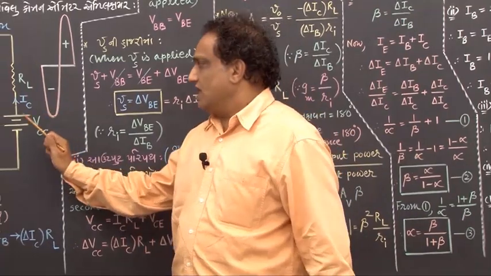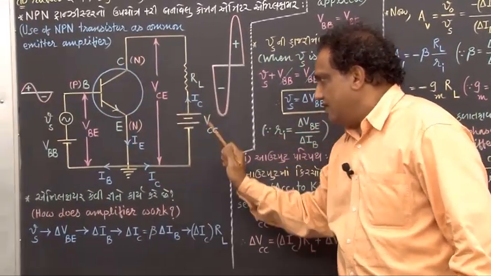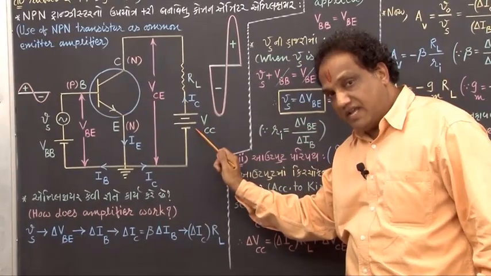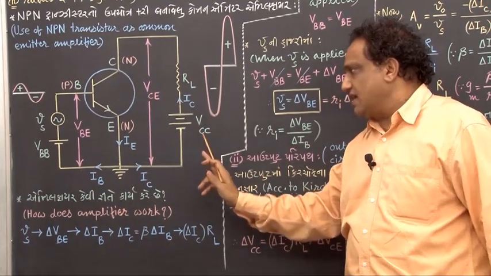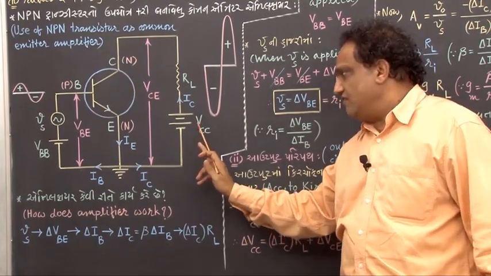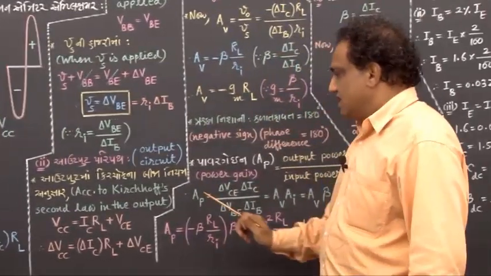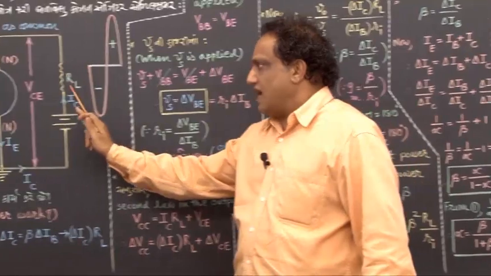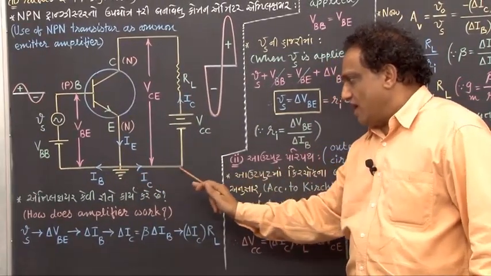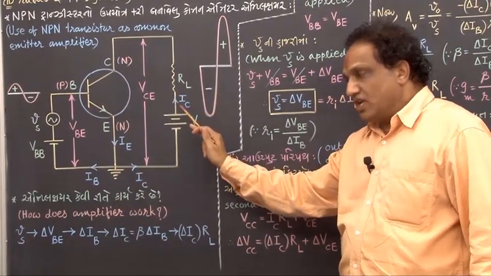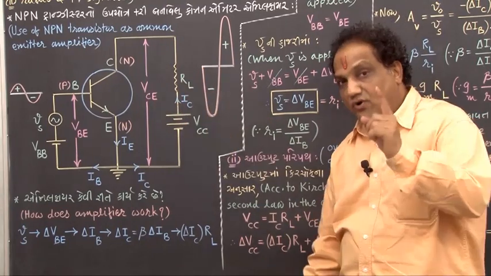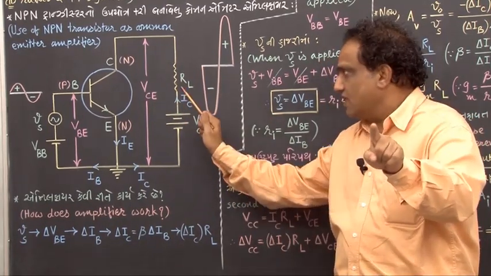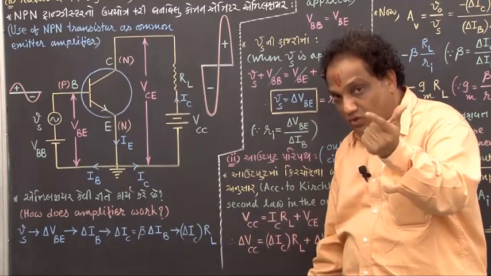Total voltage applied in this loop is supplied through this battery, and that supply voltage is the collector supply voltage, which is VCC. So the total voltage applied is VCC, and part of that will be obtained across RL, because the current passing through RL is IC. According to Ohm's law, the potential difference developed across this resistance is current into resistance, IC into RL.